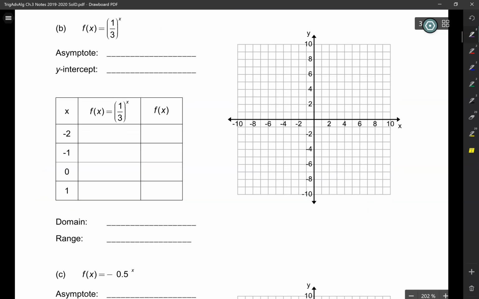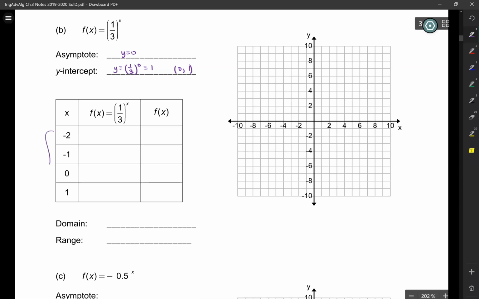All right, let's do another one. What is this one, growth or decay? Decay, but the asymptote is still y equals 0. The y-intercept is 1 over 3 to the 0, 1. Now, for decay, I go to the left one. I start at -2 and I go to 1. Okay, again, just because most of the time, good. So these are good for decay.